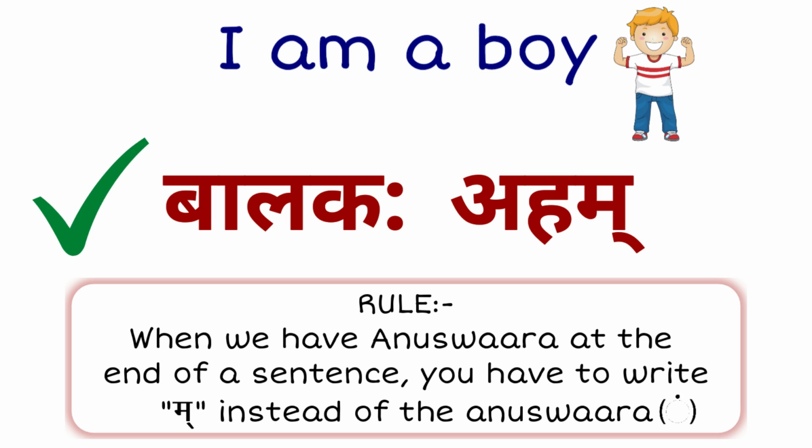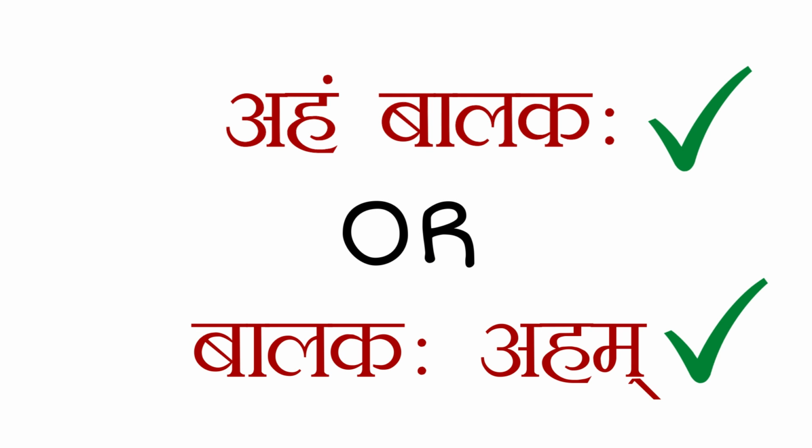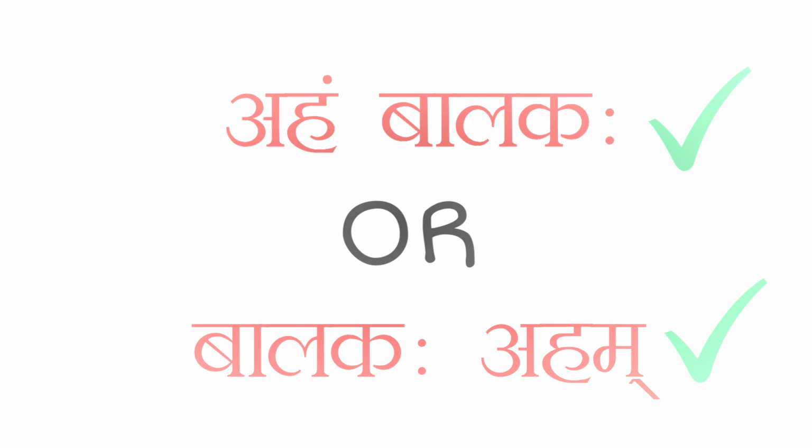So the correct way of writing this sentence will be balakaha aham. Either aham balakaha is correct or balakaha aham is correct. This means it is the halant ma which can take the place of Anuswar at the end of the sentence.